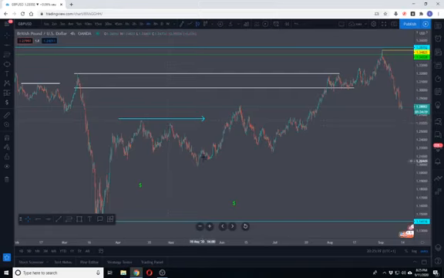I might have even taken a trade around here somewhere, but I'd be looking to get out before price makes it back to these equal highs. Retail traders, breakout traders, are probably going to sell here, you see a little reaction until, boom, it just takes them all out and it carries on moving up.